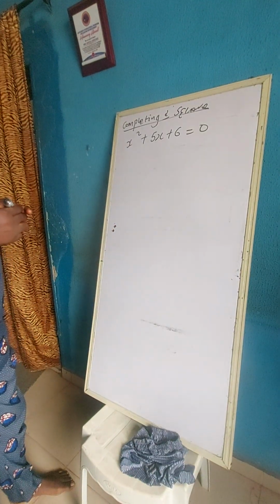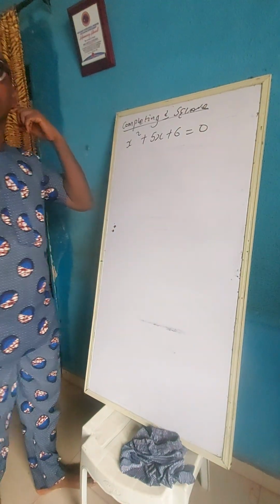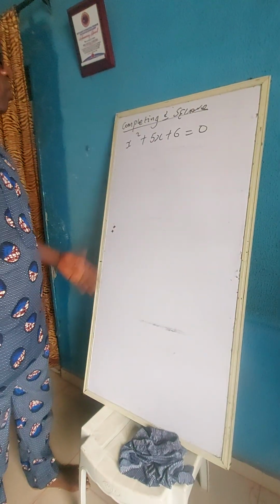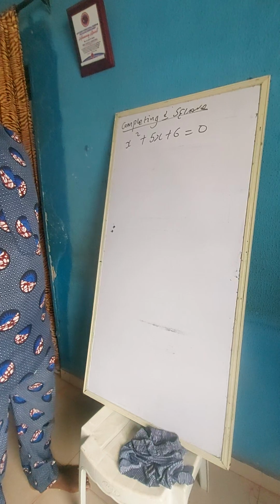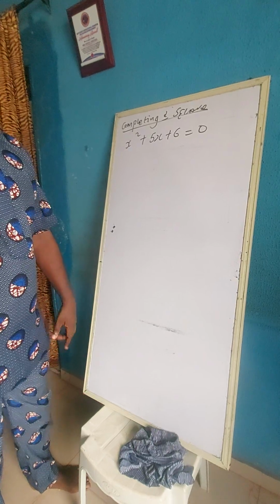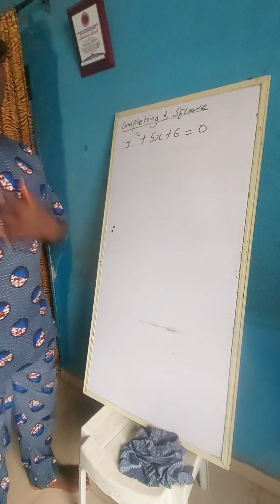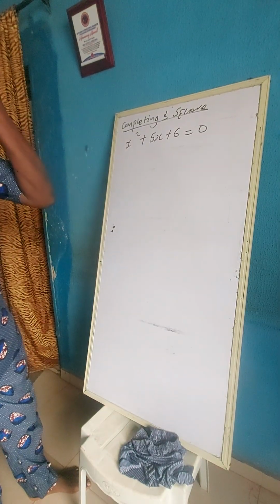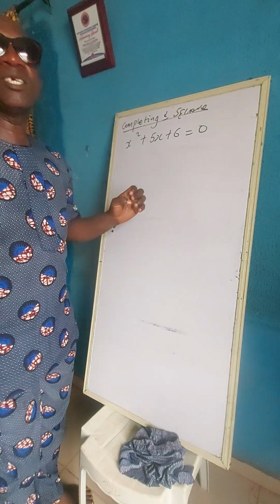Now, this is the third method, the completing the square method. We are still going to solve the question we started with using the factorization method and the use of formula method, and this one we want to go to completing the square. The completing the square method is just the practical approach.